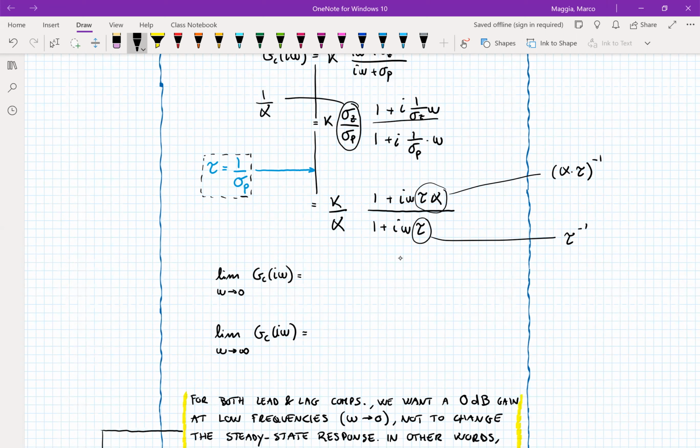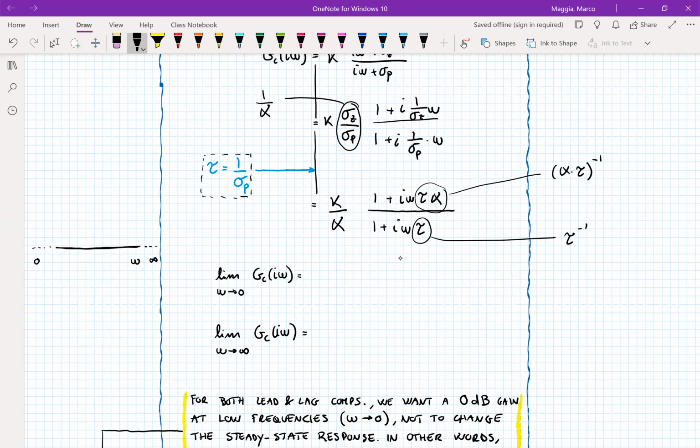All right, so let's take a look now at the limit for omega that tends to either 0 or infinity. When we draw the Bode plot, we have the x-axis containing the frequency, to the very far left where omega tends to 0, and to the far right where it tends to infinity.